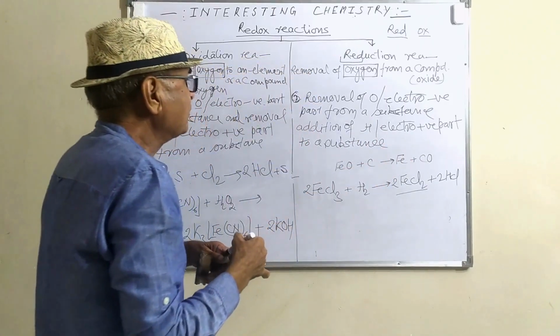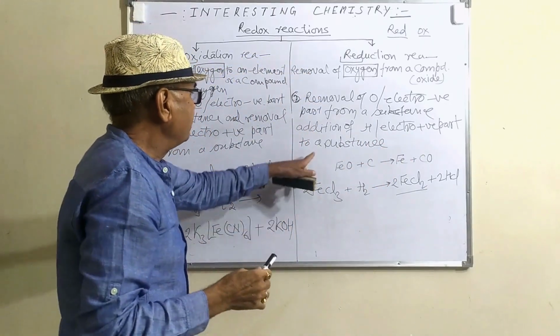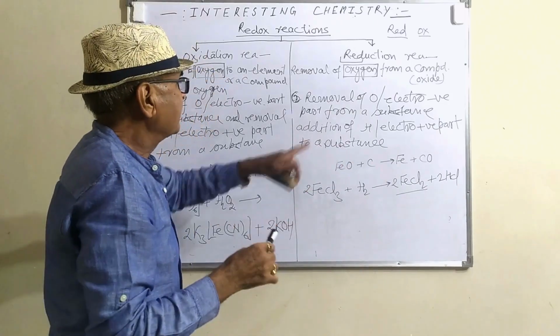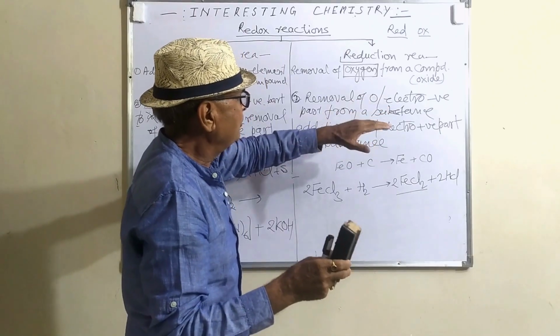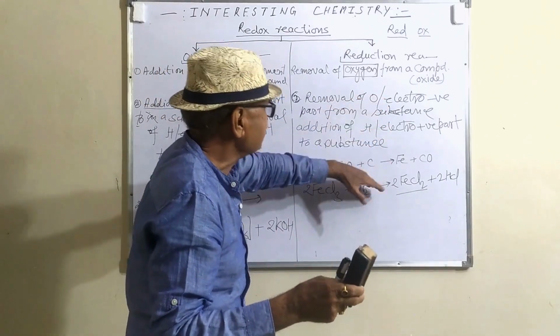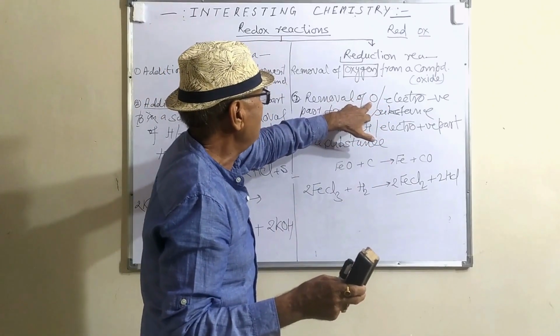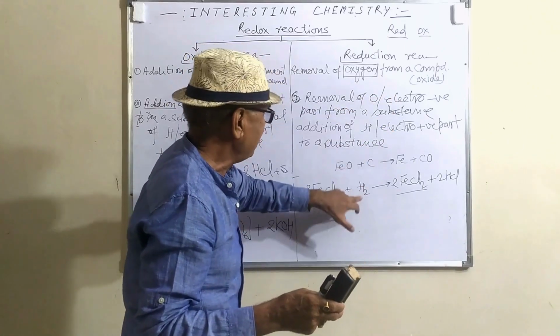This is the electropositive part. Now give the example. You should know there are 4 examples, or the removal of electronegative I have given.